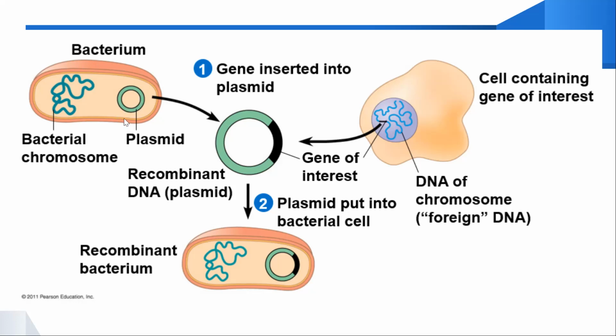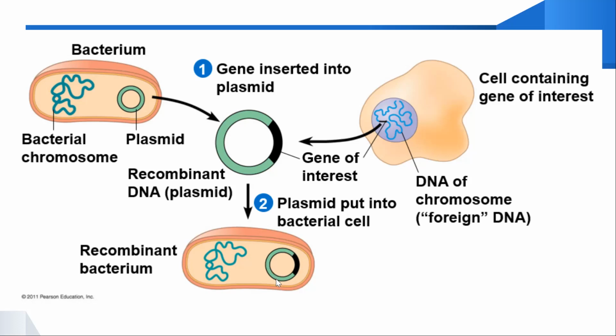If we take those plasmids out of the bacteria and we cut them with restriction enzymes, and we cut a gene of interest, so let's say it's a human gene that we want to make a copy of, we want either proteins from it or we just want copies of the DNA, we can cut that gene out with those restriction enzymes. As long as we're using the same restriction enzymes, the sticky ends will stick together, and the DNA ligase will bind them together.